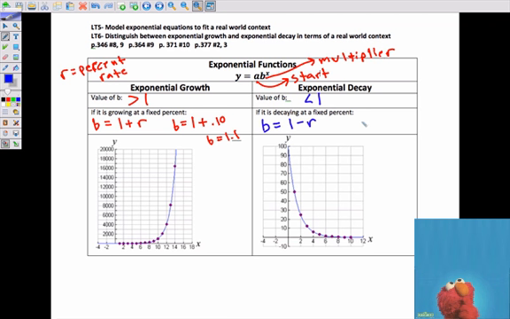So our percent rate, r, is 20%. Then our b value, our multiplier, would be 1 minus 20%, which would be 0.8. So our exponential equation would be y equals whatever our starting value is times 0.8 to the x.